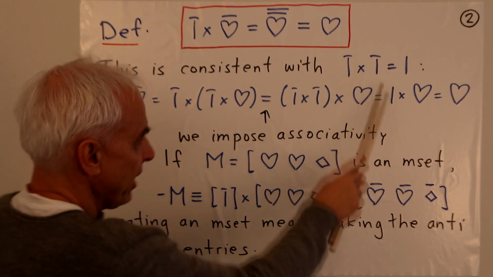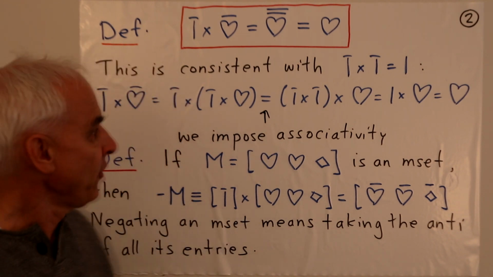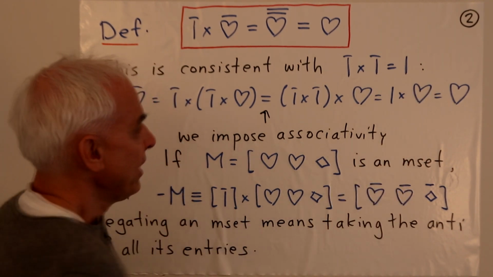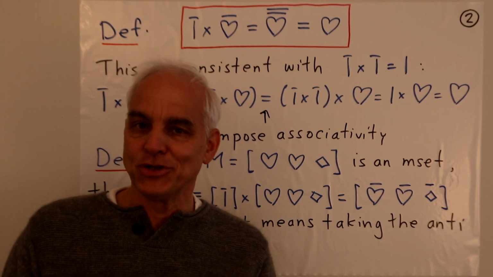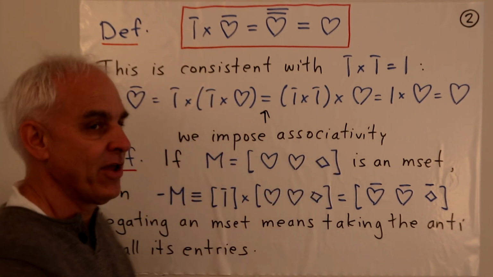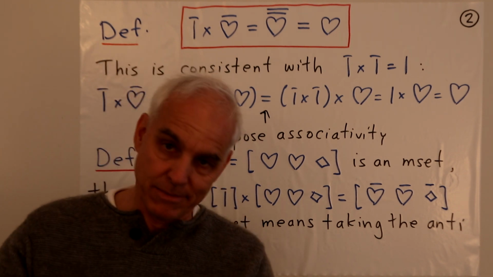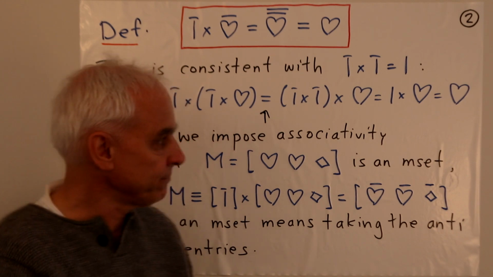In which case we would get mark times heart, which we know is heart. So the equality of this and this is really equivalent to this associativity that we're allowing ourselves at the level of multiplication of anti-marks with objects.